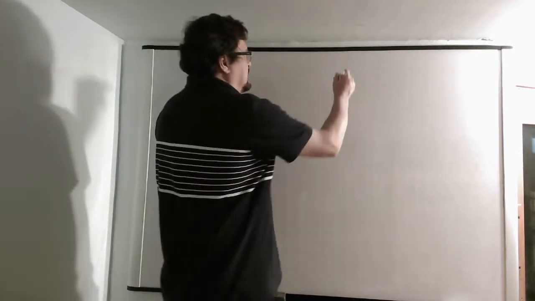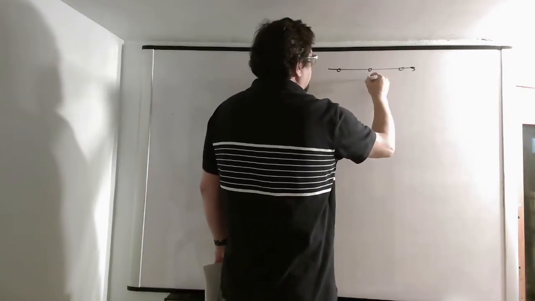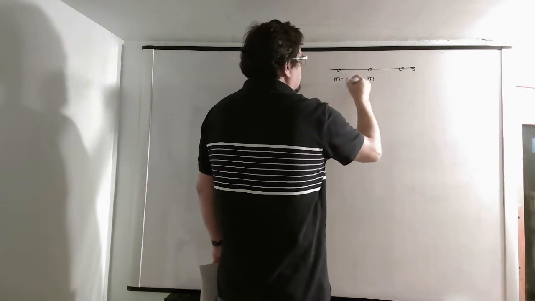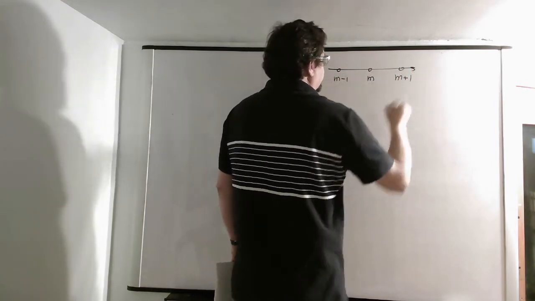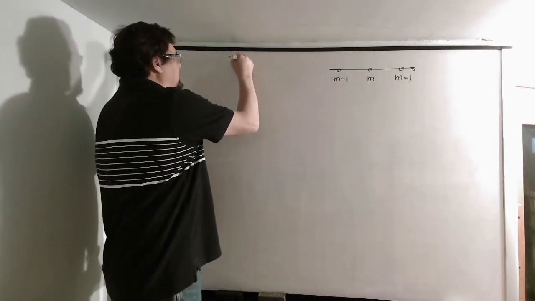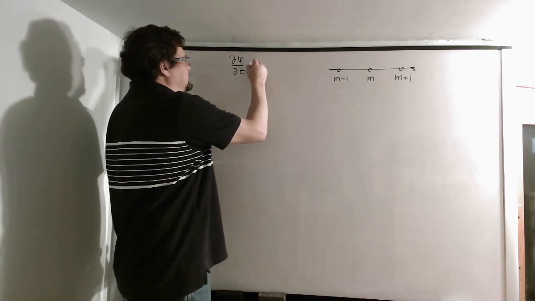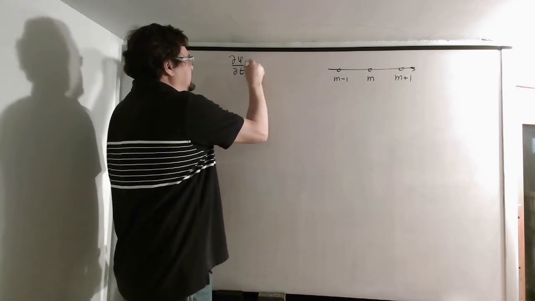So let's consider a one-dimensional grid, and we use this time index m because we reserve k for wave number. So we consider a finite difference approximation for the advection equation.